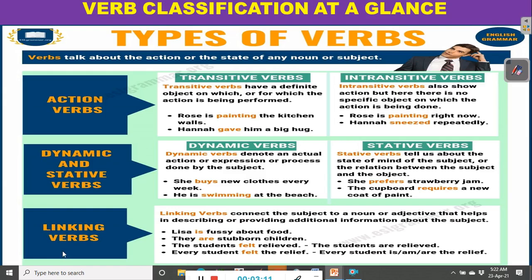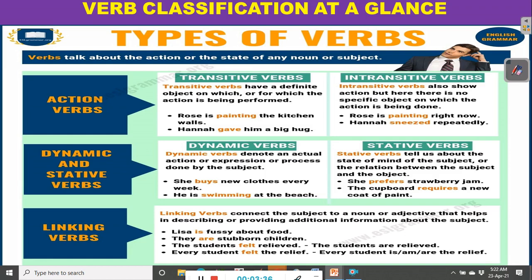There are various types of verbs, and verbs refer to those words that we use to talk about action or states of any noun or subject. Verbs will either report the action of the subject or their state of being.